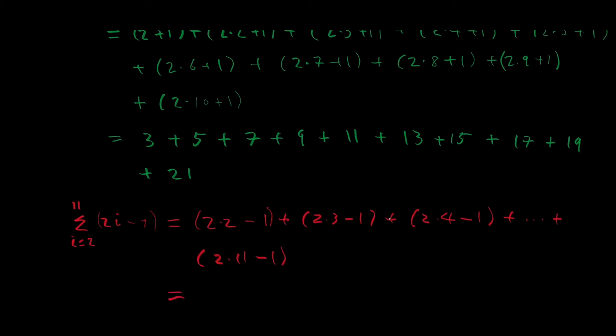The first term would be 3, that's 2 times 2 minus 1, plus 2 times 3 is 6, minus 1 is 7.